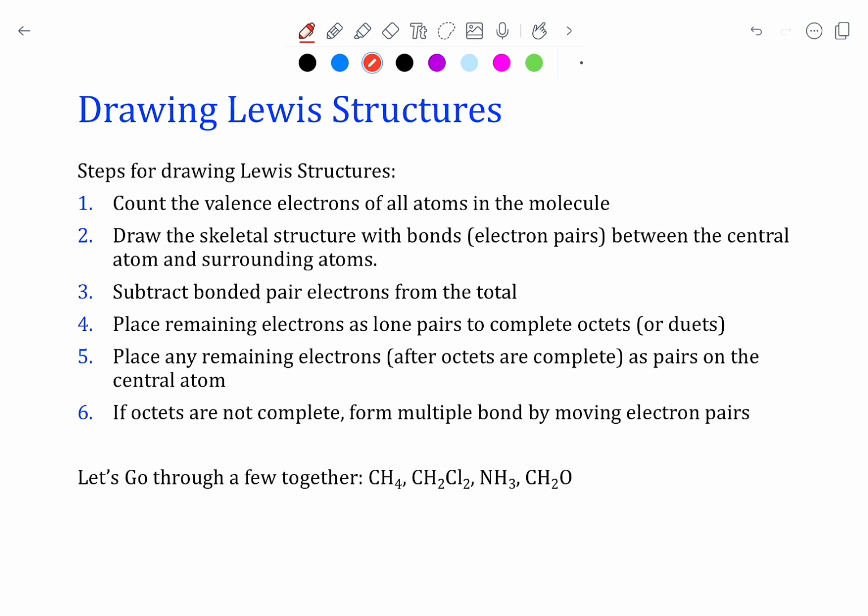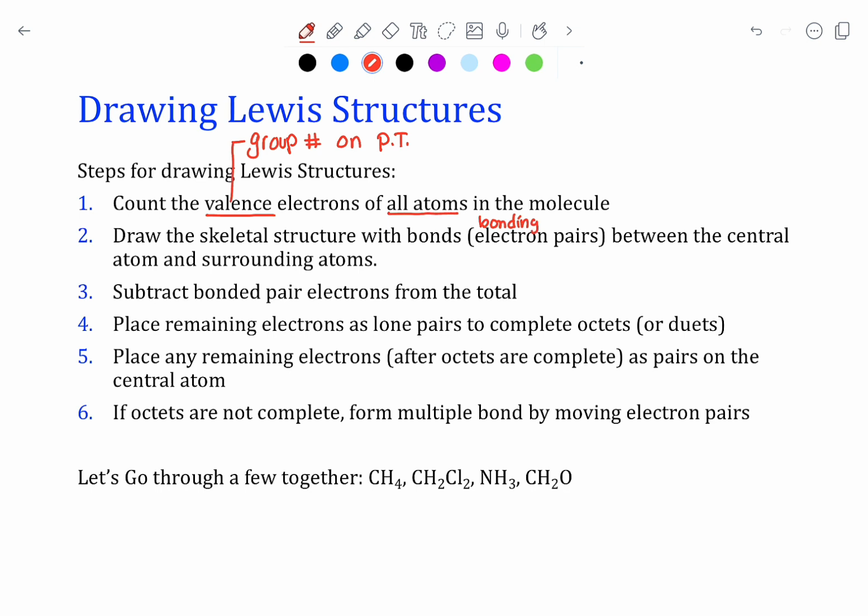So our first step is we want to count the valence electrons. Remember, for our valence electrons, we look to our group number on the periodic table. That tells us our valence electrons. We have to count the valence electrons of all atoms in the molecule. We then have to draw the skeletal structure with our bonds, our bonding electron pairs, between the central atom and the surrounding atoms.